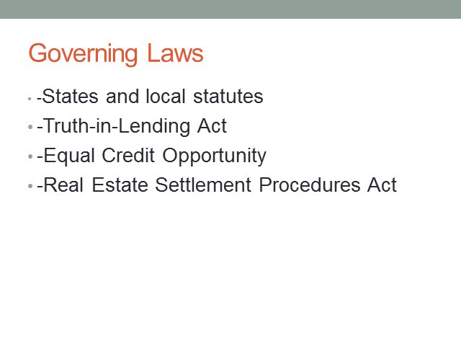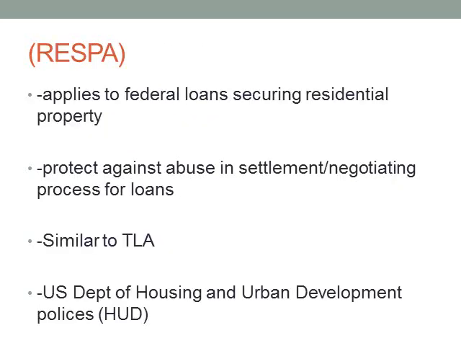statutes. And then we have this new one we haven't talked about yet, the Real Estate Settlement Procedures Act. This relates to federal government loans that secure residential properties. It applies, like I said, to federal loans securing residential property. It protects against abuse in the settlement negotiations for the process of obtaining a loan, discrimination, things of that nature.